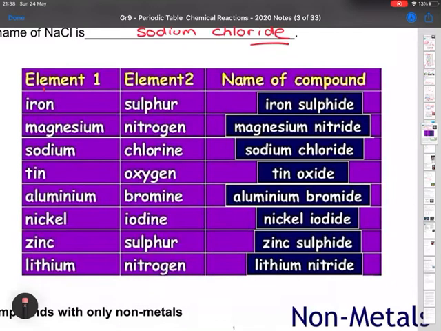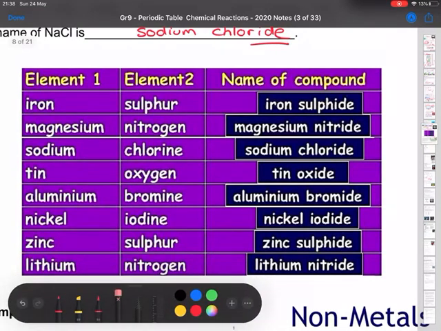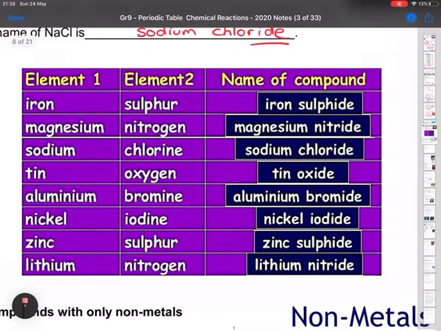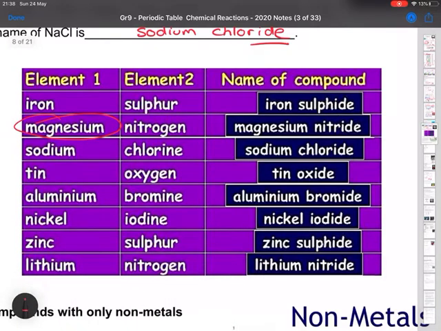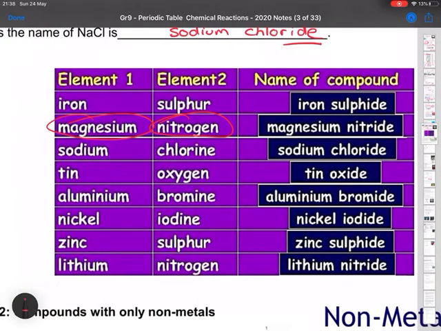If you've got iron and sulfur, that will give us iron sulfide. All of these are metals. Iron, magnesium, sodium, and so on, they're all metals. Magnesium is a metal, nitrogen is a non-metal. So all of these would be ionic. Metal, non-metal. So the compound would be an ionic compound.